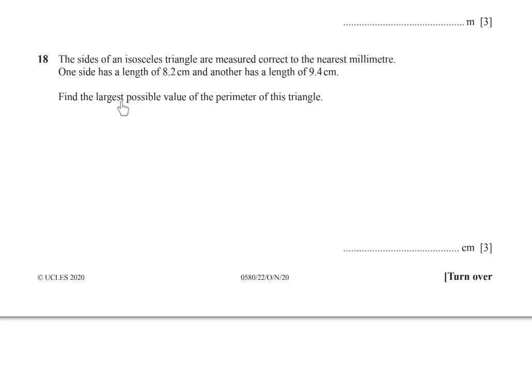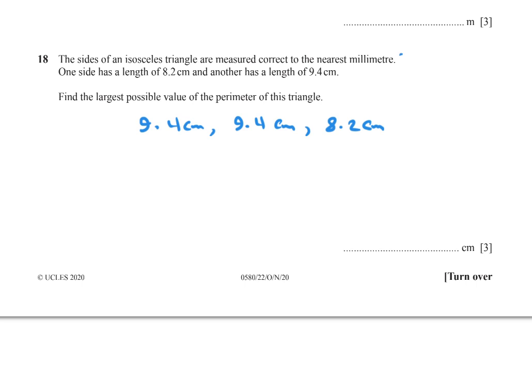To find the largest possible perimeter, first we have two sides in this isosceles triangle, so one side is repeated. Because I need the largest possible value, we consider that 9.4 is repeated. So the three sides are 9.4 centimeter, 9.4 centimeter and 8.2 centimeter.